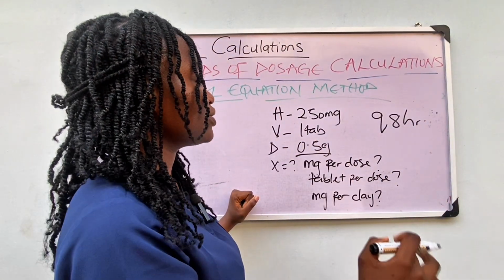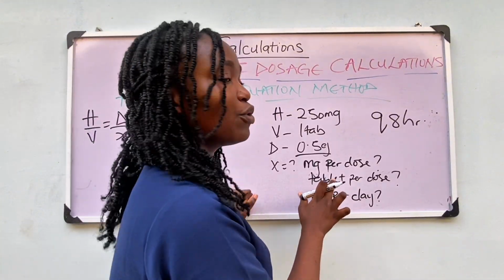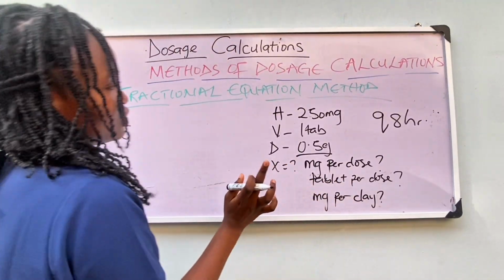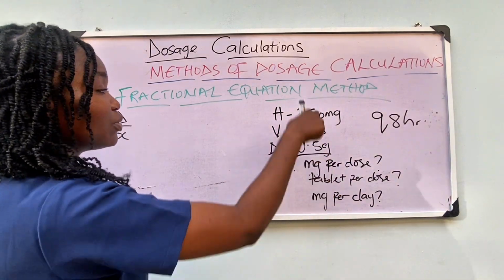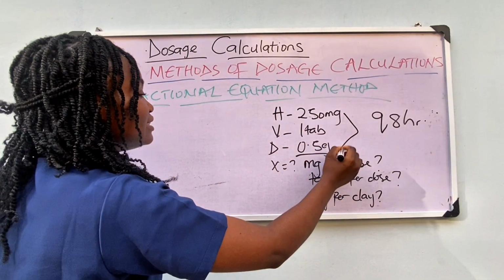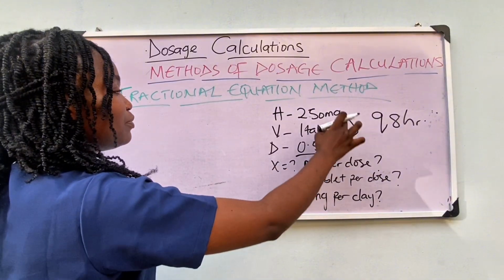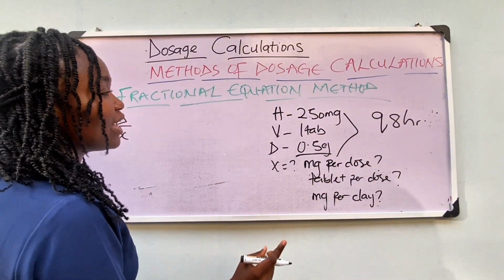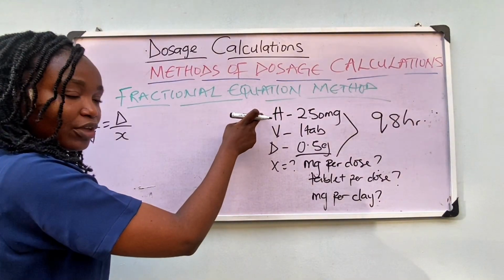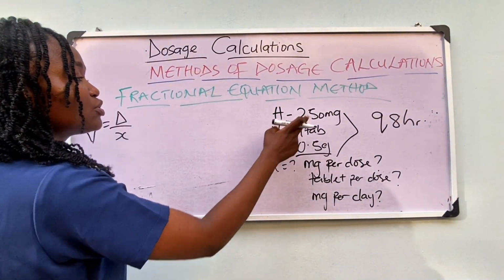Let's first solve for how many tablets per dose. Let's input what we already have here. Remember, we cannot input these figures if we do not make the measurements be in the same units. They are not in the same metric units, so let's solve for that. Remember that we are converting to the drug we have, so we are converting from gram to milligram.